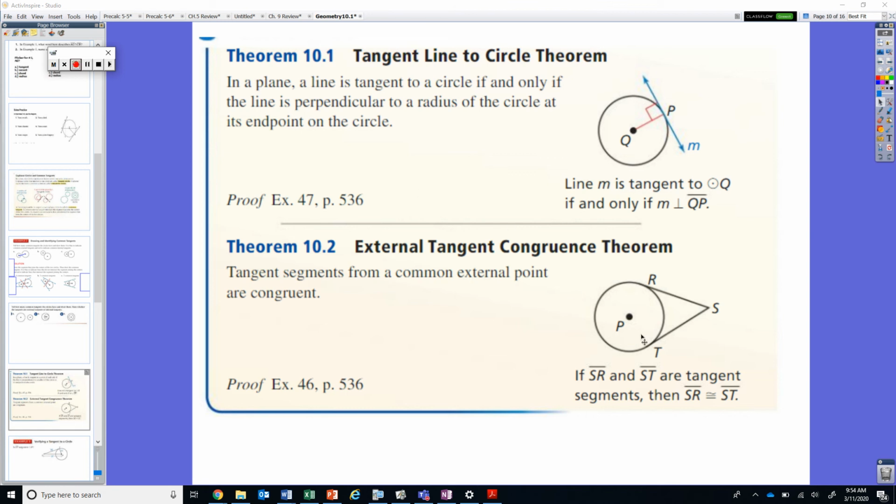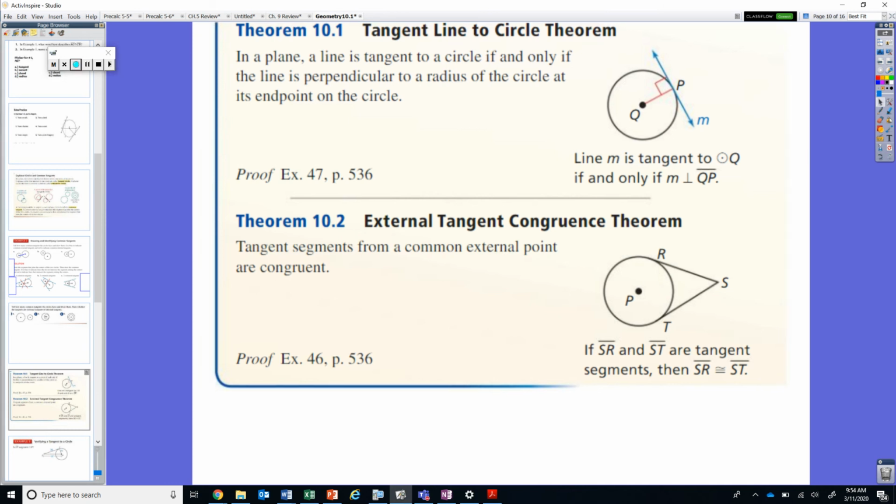The other idea that we're going to talk about is the external tangent theorem, or external tangent congruence theorem. What we say is that if tangent RS and tangent TS both meet at the same external point, which naturally they do at S, the only way this works is if RS and ST are congruent to one another.